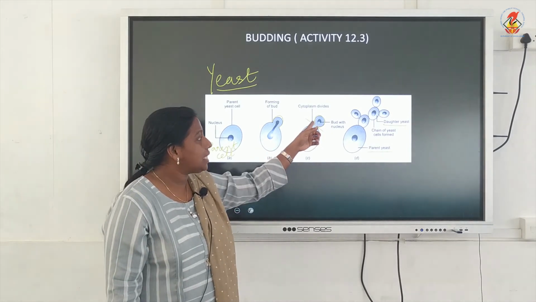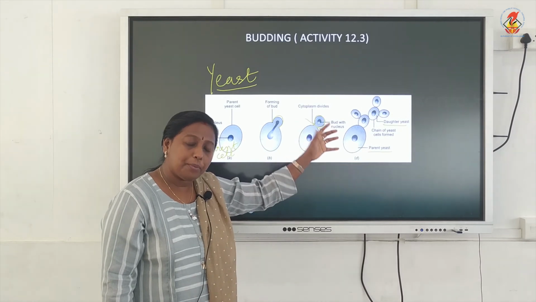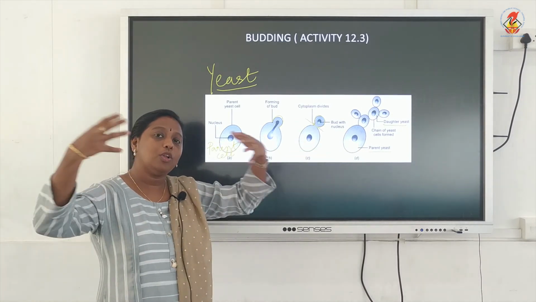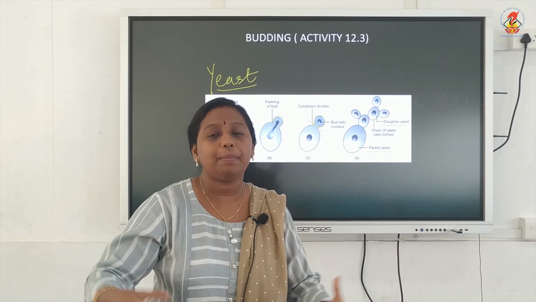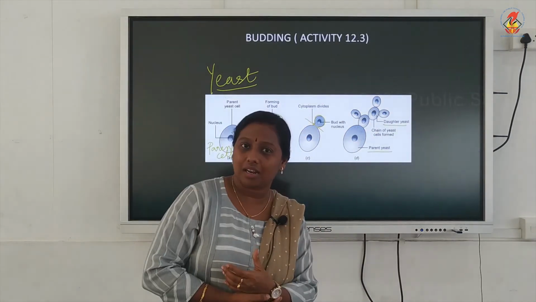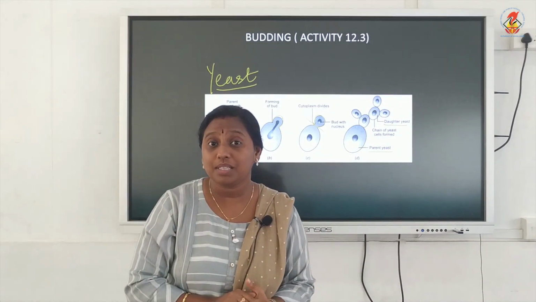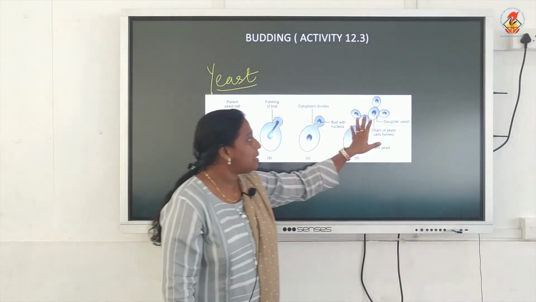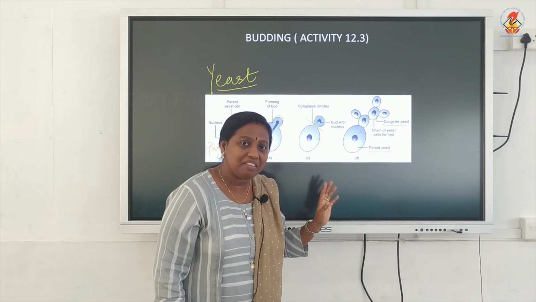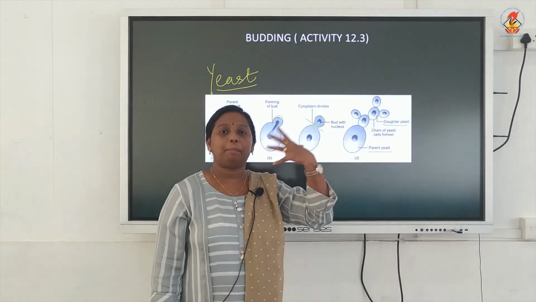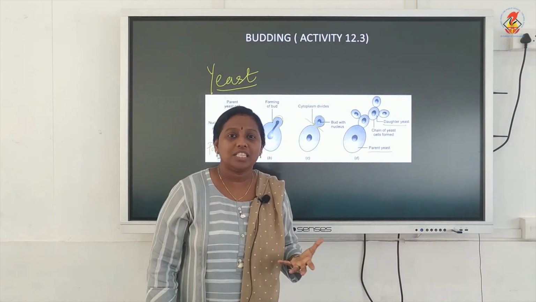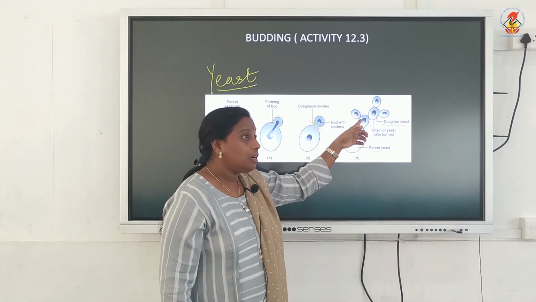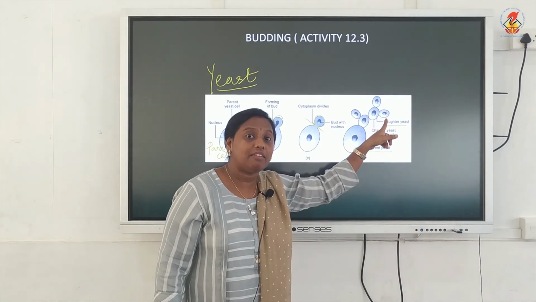Sometimes the bud will get detached, separated from the parent, and it will develop into a new yeast somewhere else. Sometimes the bud will not get separated. So what happens? The bud will be attached onto the parent body itself. That bud will again develop, it will mature. Once it is mature, another new bud will develop on that bud.